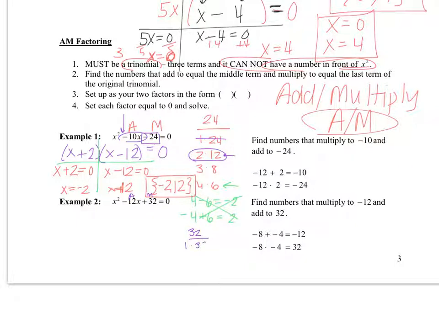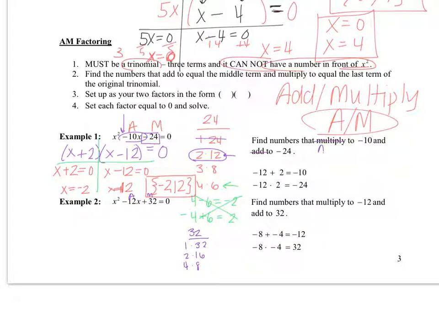One times 32, 2 times 16, 3 doesn't work, 4 times 8, 5 doesn't work, 6 doesn't work, 7, and now I'm back to 8, so that doesn't work either.